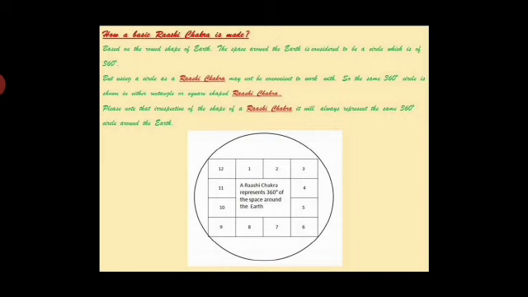So the same 360 degree circle is shown in either rectangle or square shaped Rashi Chakra. Please note that irrespective of the shape of a Rashi Chakra, it will always represent the same 360 degree circle around the earth.